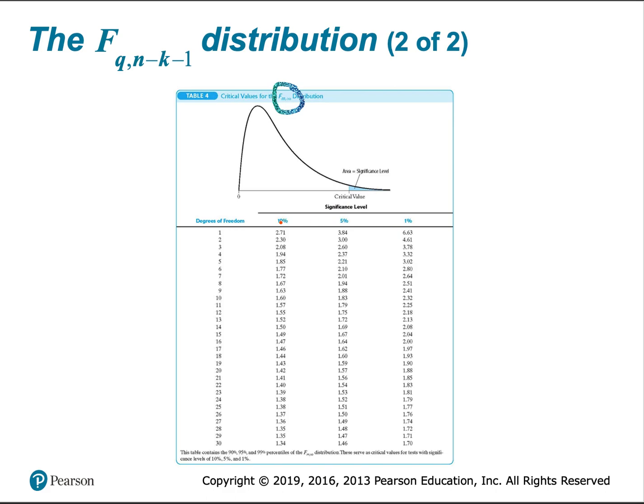These are essentially the 90th, 95th, and 99th percentiles of the F distribution, which serve as the critical values for tests with significance levels of 10%, 5%, and 1%. Alright, folks, so these are our critical values. I will note that we've been working with a 5% critical value where we have one restriction, that 3.84. That should look familiar.